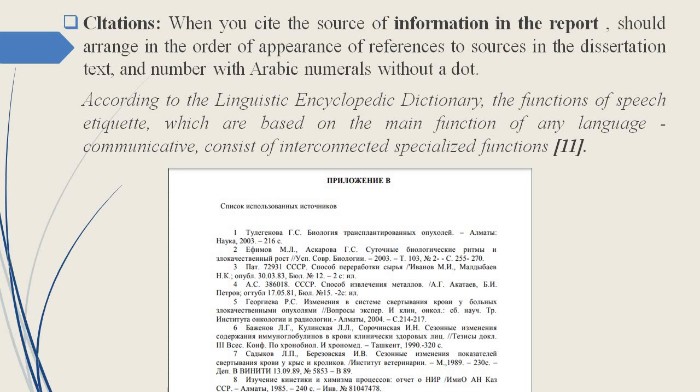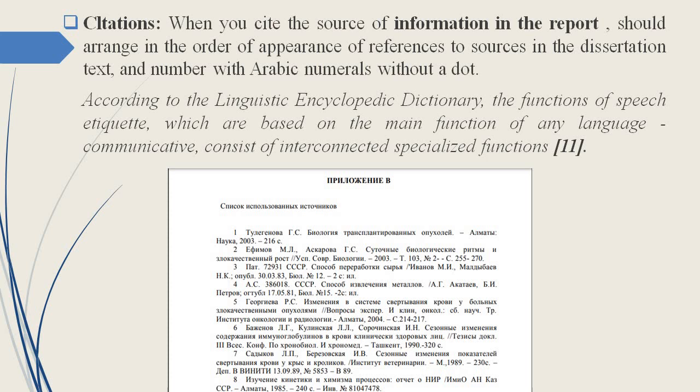In our country, we have to format our master thesis or any diploma works in the following ways. When you cite the source of information, the references should be arranged in order of appearance in the dissertation text and numbered with Arabic numerals with a dot. Here you can see the example.